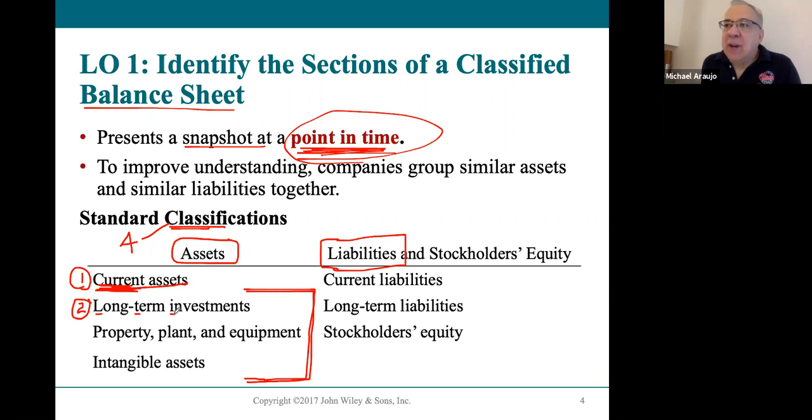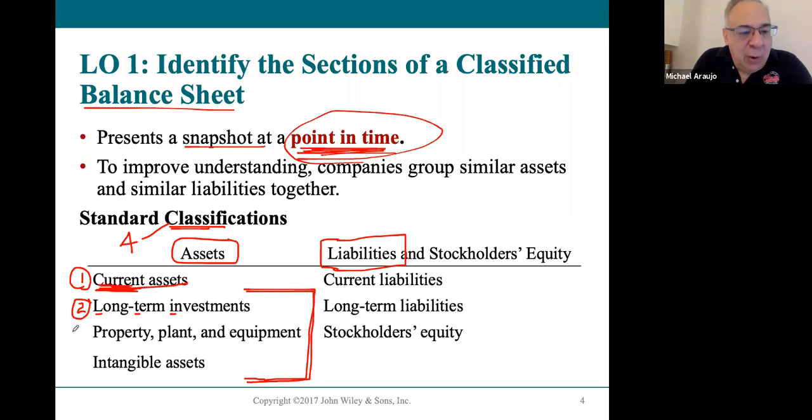Having a building and not using it, you have to think whether that's a smart business decision. Having stock in other companies might be nice, but if it's not helping you sell your product, how is it really helping you? So you're not going to see a lot of long-term investment classifications on balance sheets.